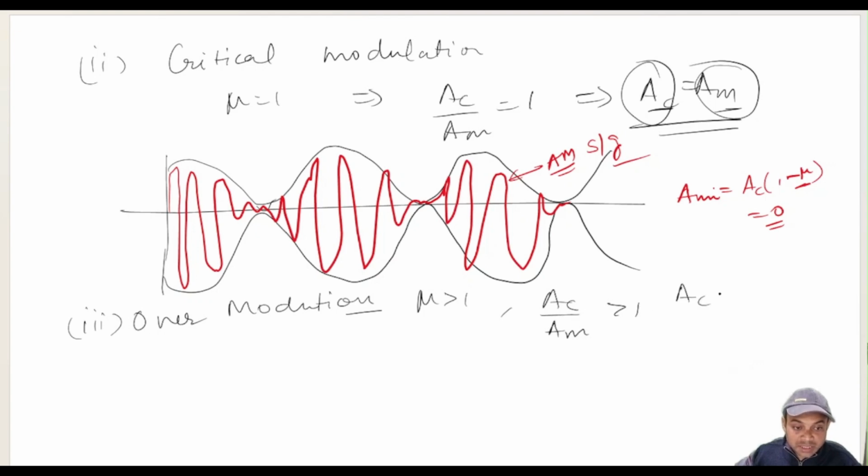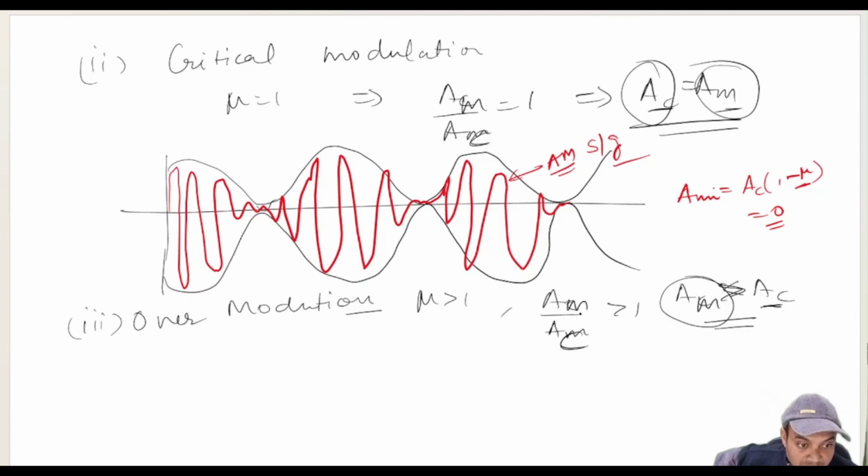Sorry, I was writing it wrong: AM is greater than AC. It means the maximum amplitude of the message signal is greater than the maximum amplitude of the carrier signal.